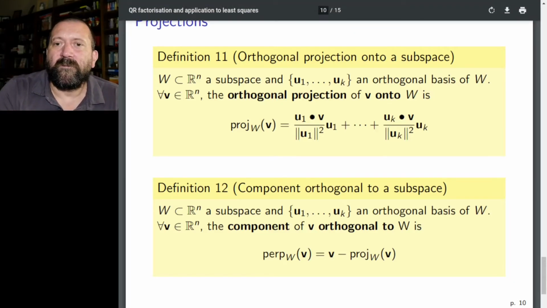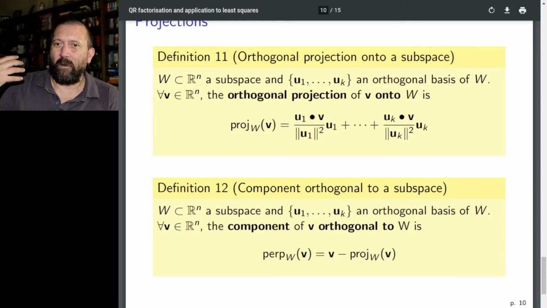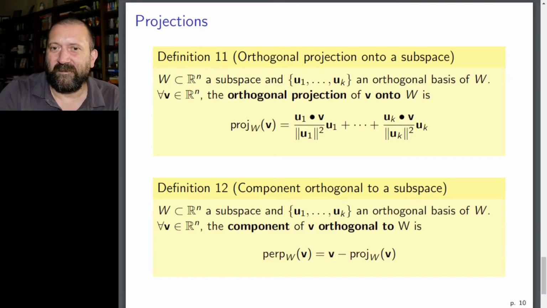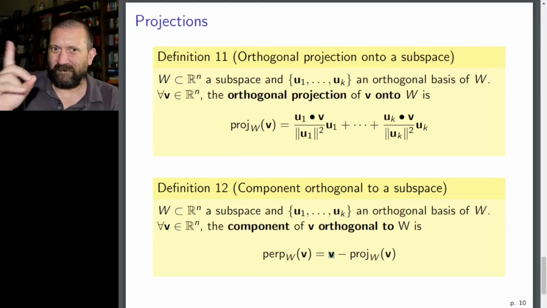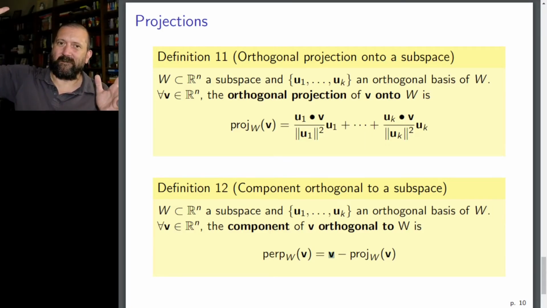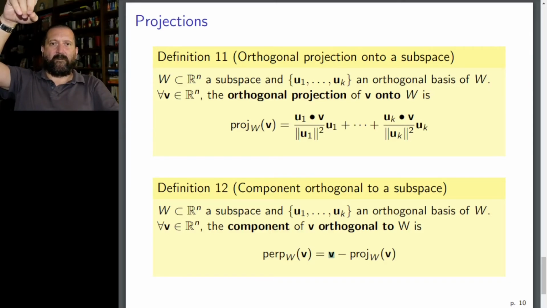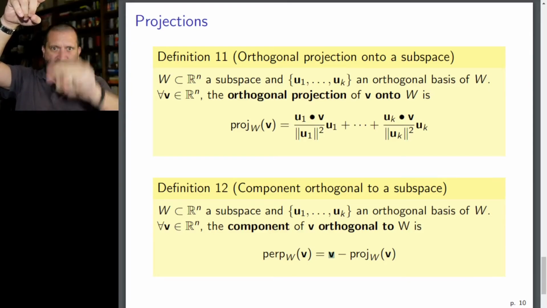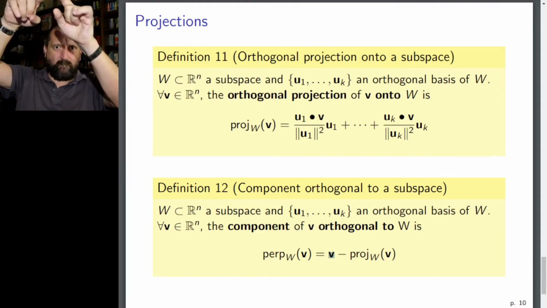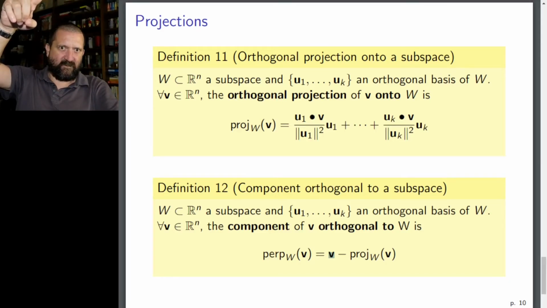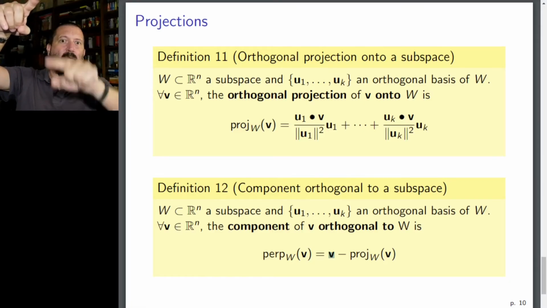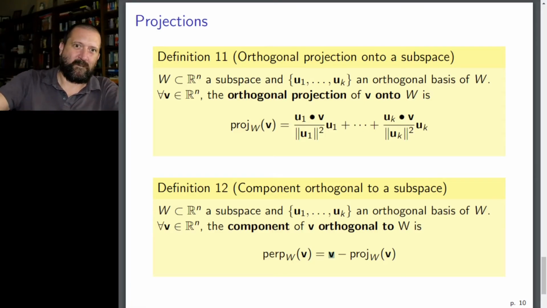And the component of a vector orthogonal to a subspace is now another vector. It's the same idea, but here I have v, which is in the original space. If I have a vector and I project it down onto my XY plane, that little piece that takes me from the tip of the vector to the XY plane, for example, is the component orthogonal to the XY plane.